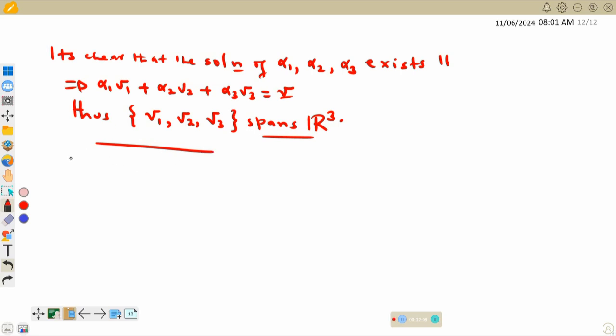So clearly the two conditions are satisfied, and we give the conclusion that B, which was the set containing v1, v2, and v3, is a basis of R3.